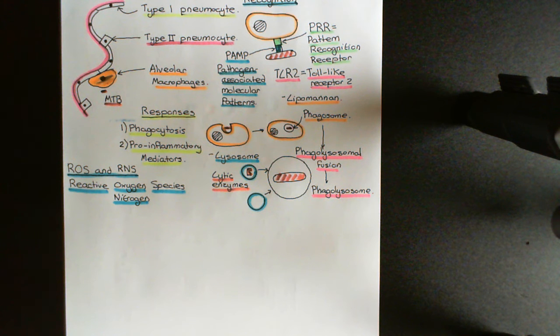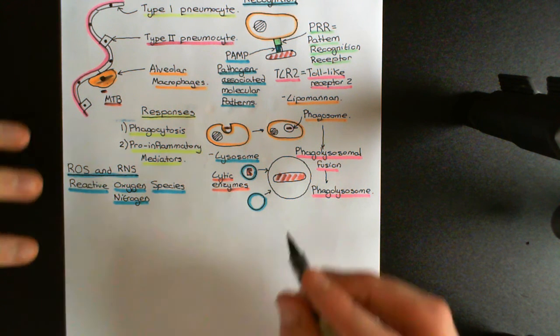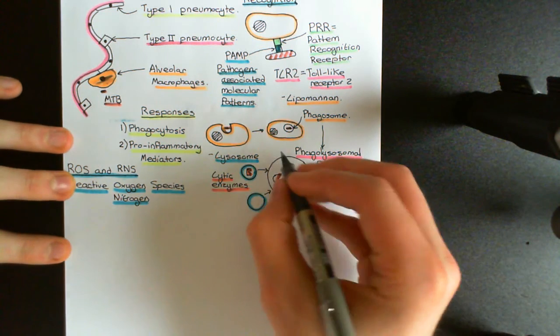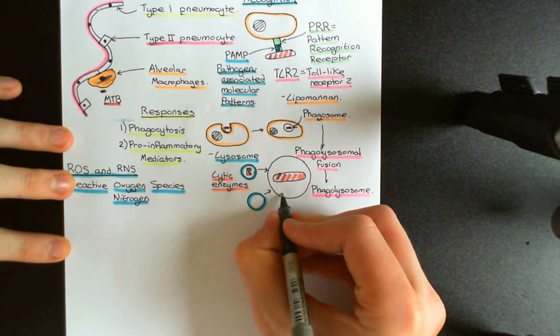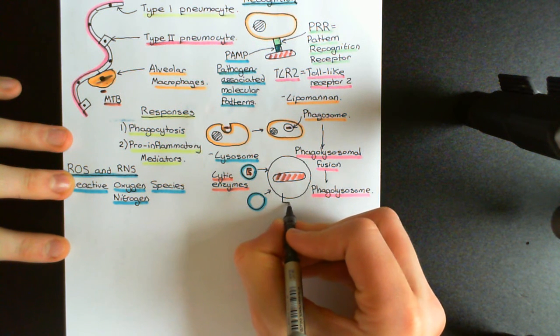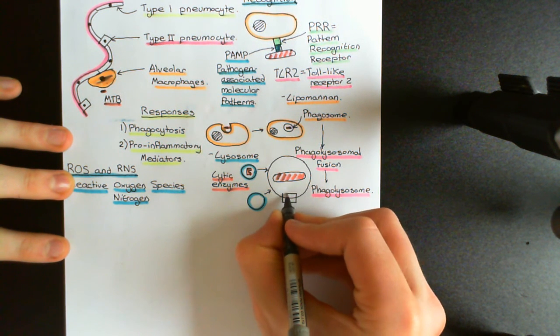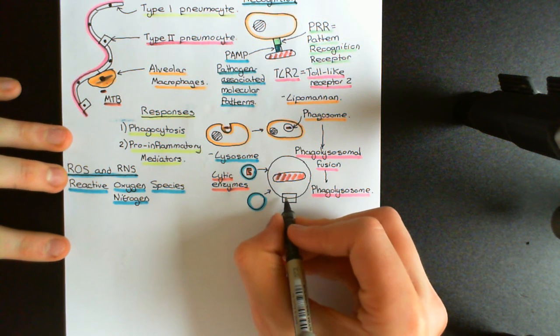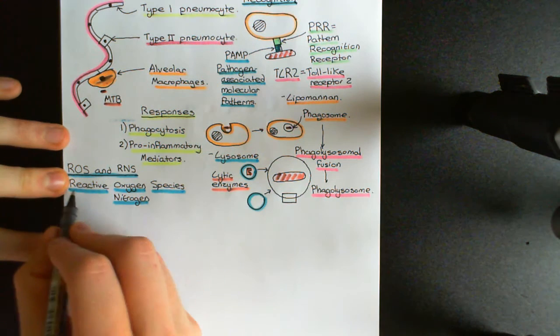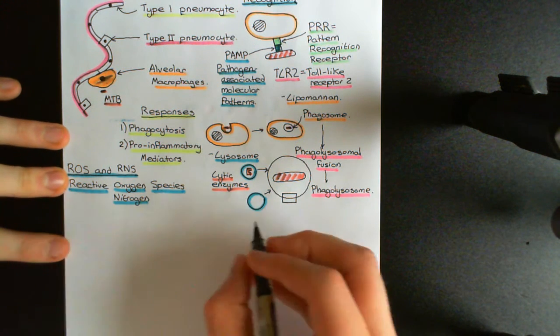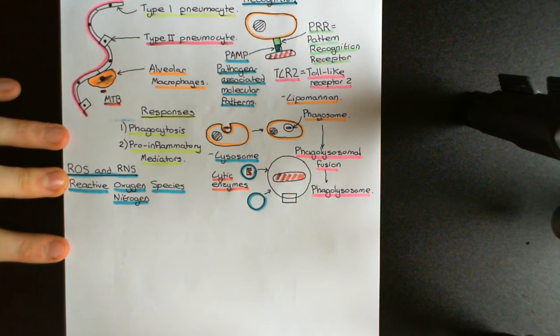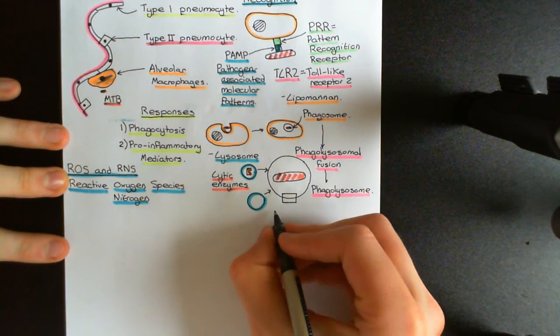So what I want to now talk about is how you can actually get the production of reactive oxygen species and how you can get the production of reactive nitrogen species. Let me do it on my picture over here. What happens in the membrane of the phagolysosome is you assemble an enzyme complex that is capable of producing the starting point for all of the reactive oxygen species, which is superoxide, itself an extremely powerful reactive oxygen species.